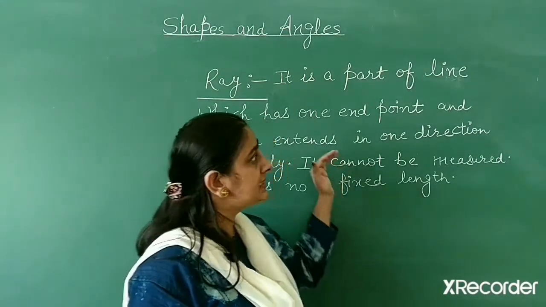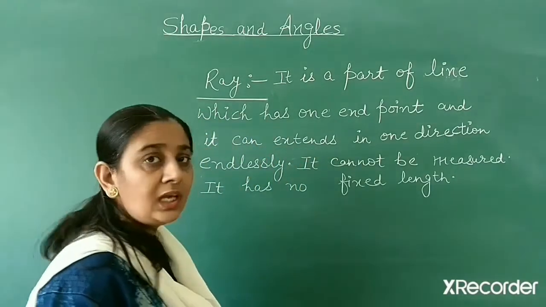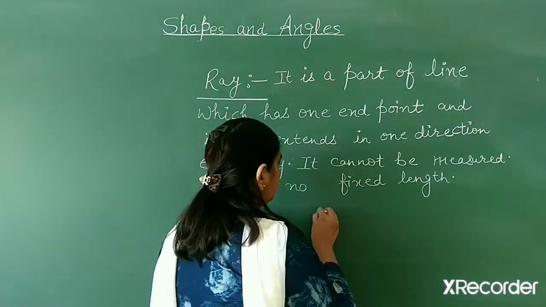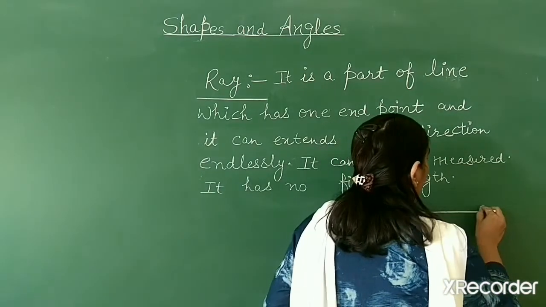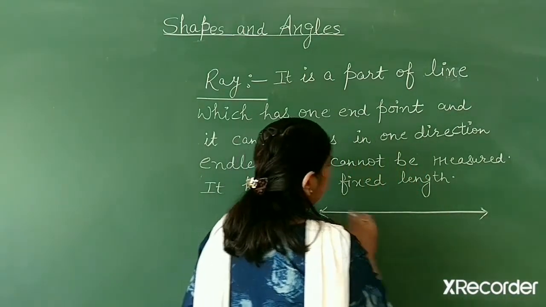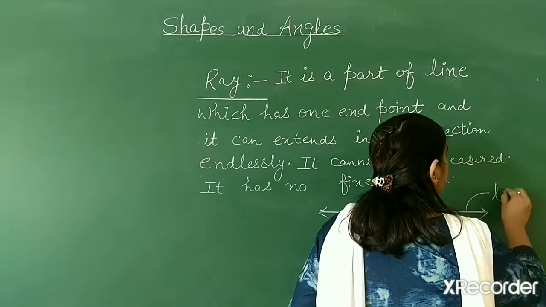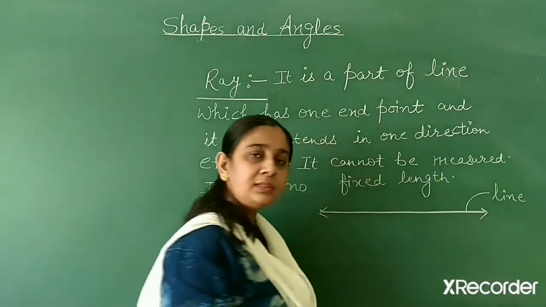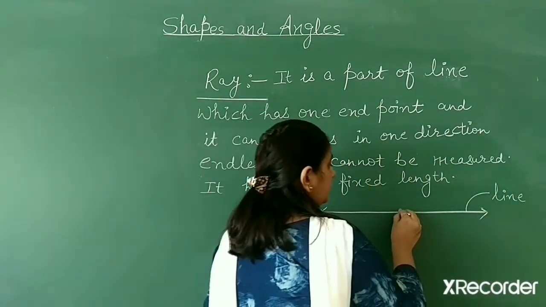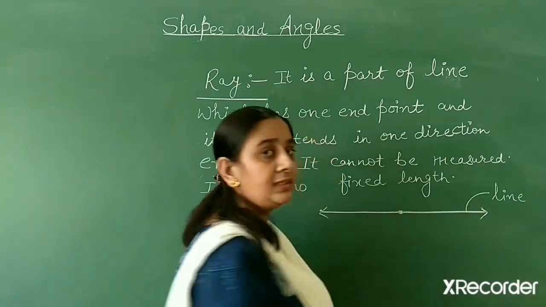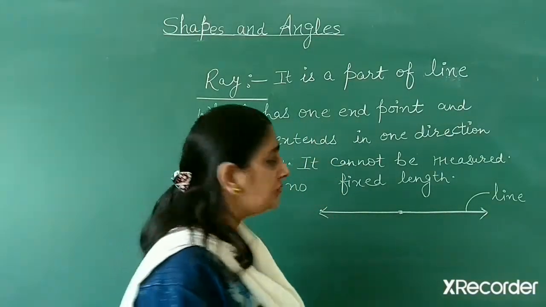Now children, we will discuss ray with the help of a line. So look, I have drawn a line here. This is a line. Now, on this line, mark a point. You can mark this point anywhere on the line.